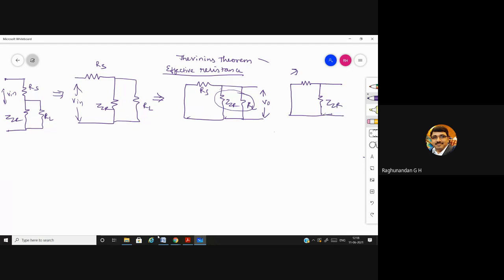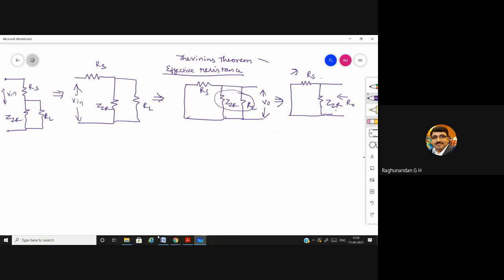That's why I have just written ZZR. And this is our output resistance. Whatever remaining part we simplify now, that will be our output resistance. We have written ZZR because RL is negligible, and the total effective resistance obtained by the parallel combination of these two is ZZR.